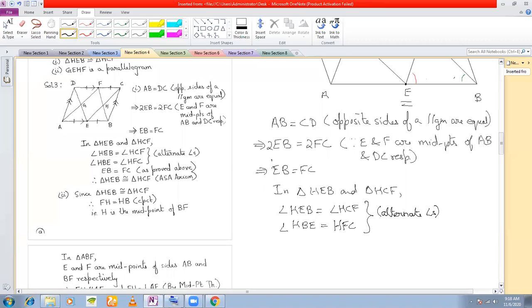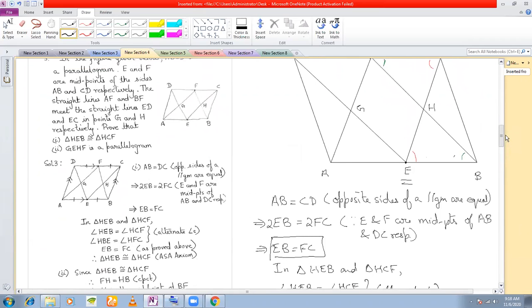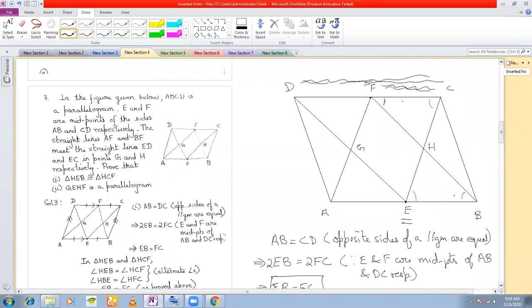Okay, and above here, what have I proved? EB is equal to FC, as proved above. So therefore, these two triangles are congruent. Now you're going to tell me the axiom. By which axiom? So these two angles are equal and these two sides are equal.